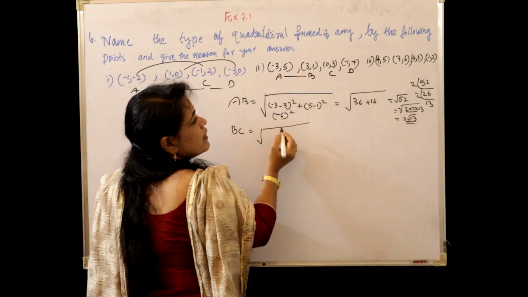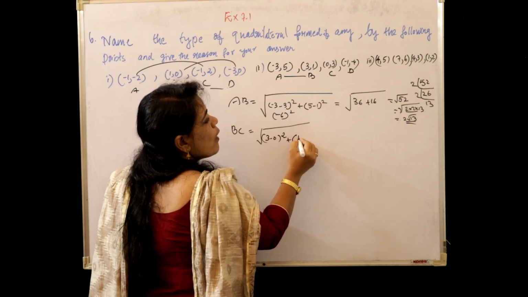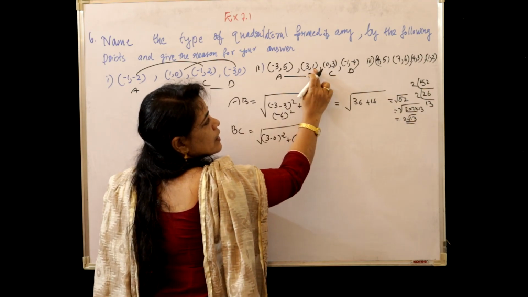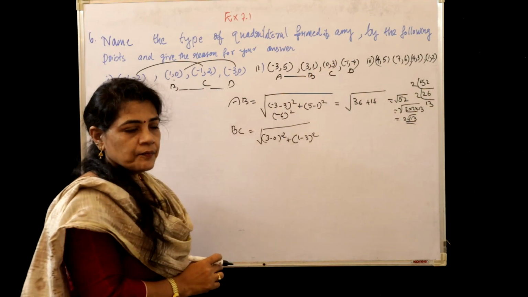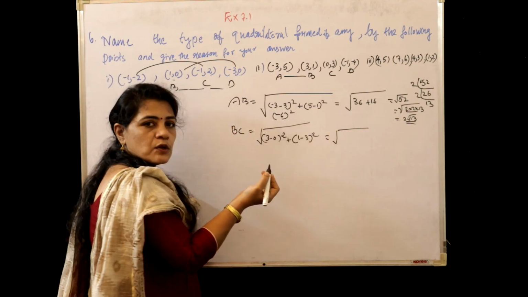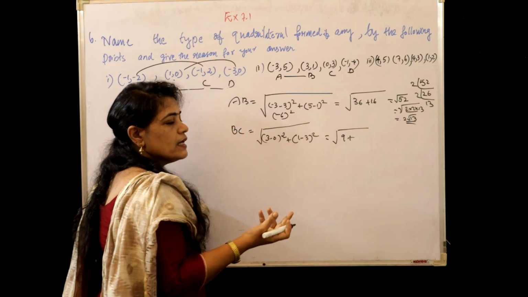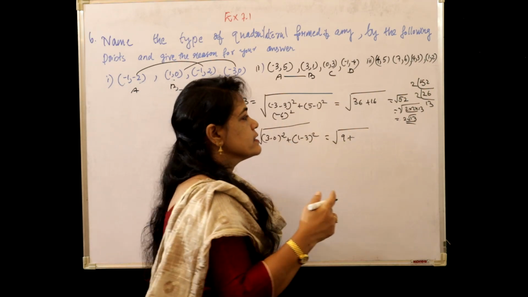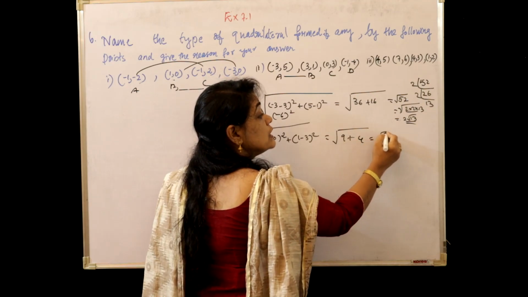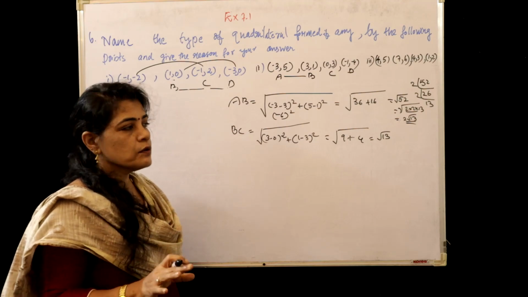So (3 minus 0) whole square plus (1 minus 3) whole square. This is equal to 3 minus 0 is 3, 3 square is 9, plus 1 minus 3 is minus 2 and its square is 4, that is root 13 units. It's a prime number, so it stays under the square root itself.